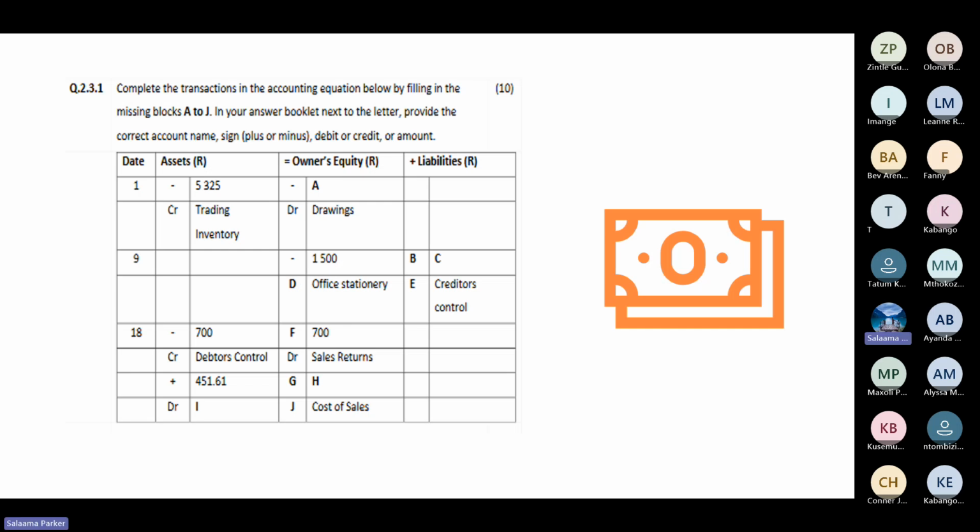So here I provided an amount. Here I'm going to provide a symbol and an amount because I've already got the account names. So will this be a plus or a minus? Who can tell me?